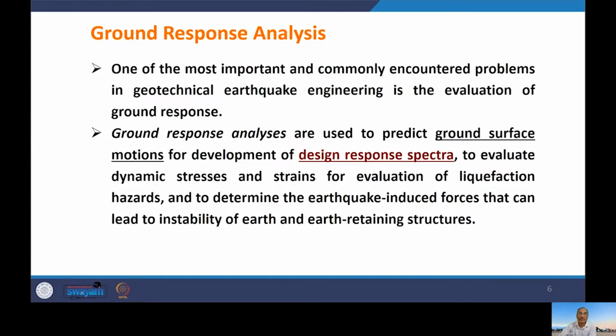These are to predict ground motion, for development of design response spectrum, which is one of the important issues for design of structures, to evaluate dynamic stresses and strengths, for evaluation of liquefaction hazard, and to determine the earthquake-induced forces that can lead to instability of earth and earth-retaining structures. So that means the ground response analyses are useful for design response spectrum, liquefaction, as well as for design of the earth and earth-retaining structures, for example, retaining walls.